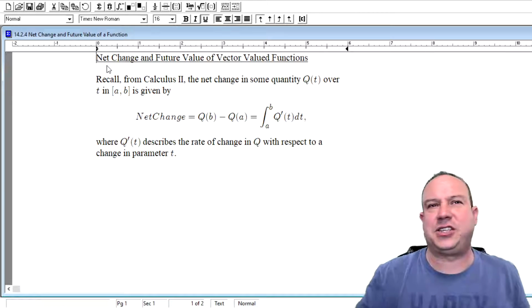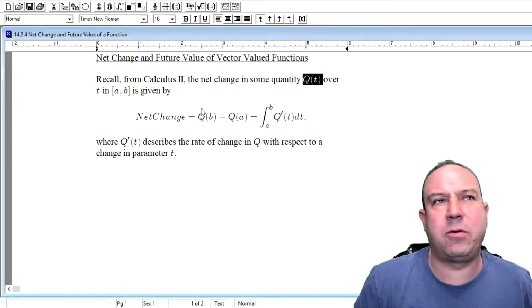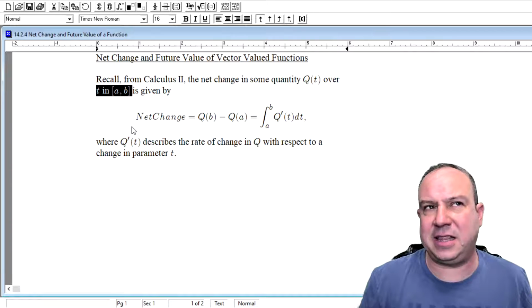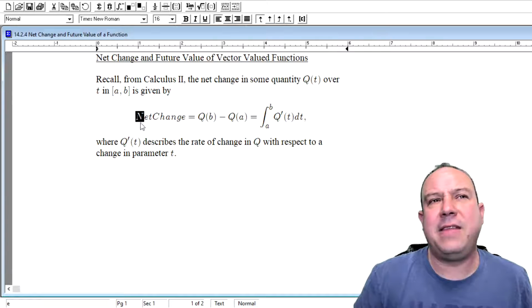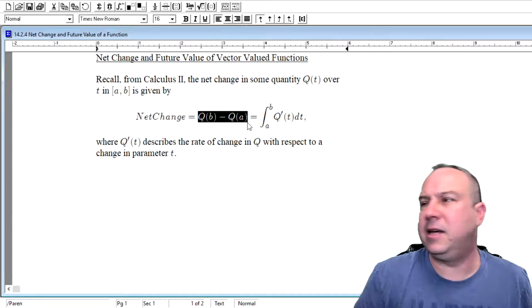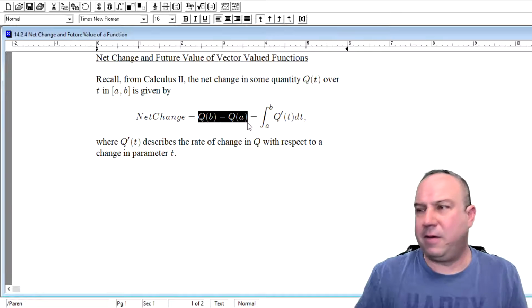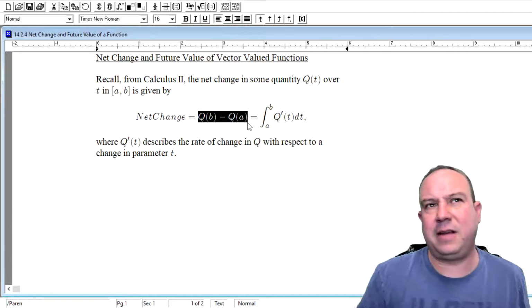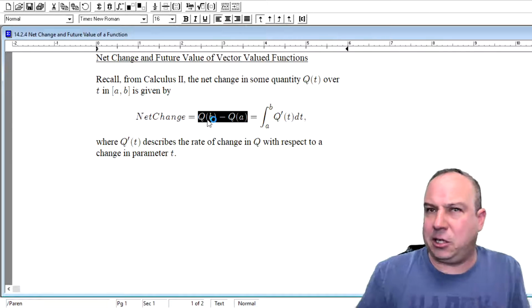If we look at the net change in some quantity q of t over some interval t in the closed interval from a to b, that net change is the overall change in the quantity over that interval of the variable t. That is q of b minus q of a in value.